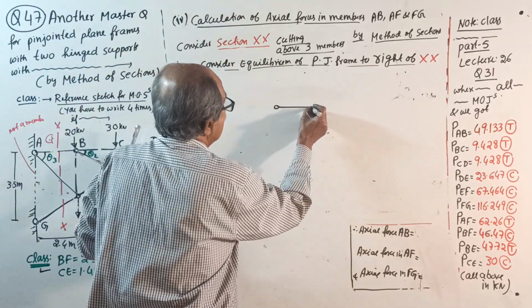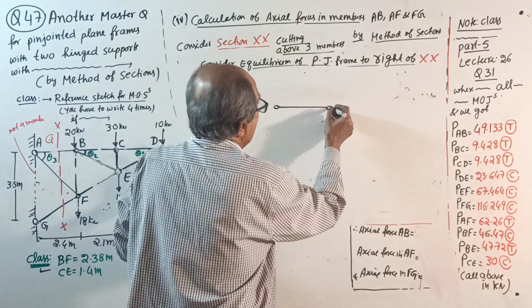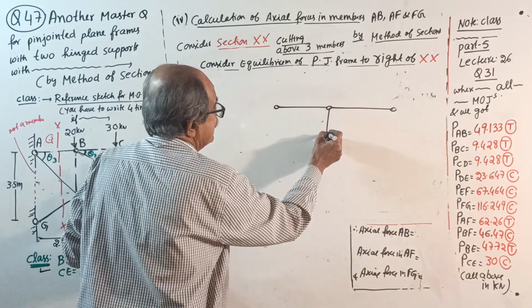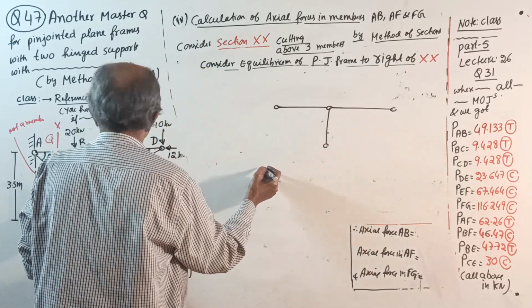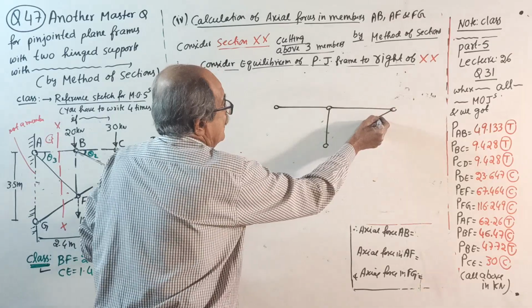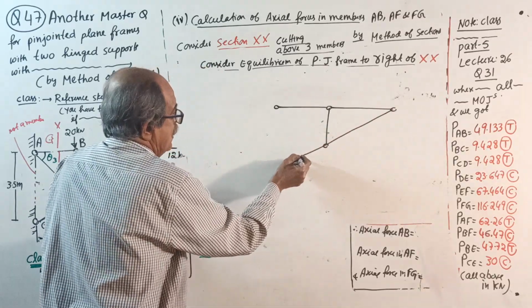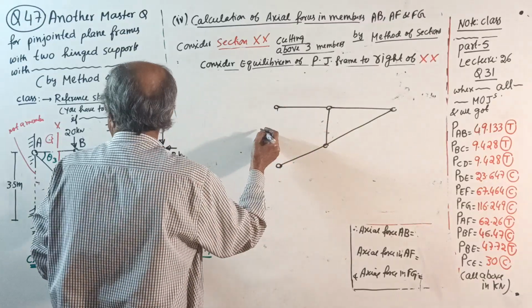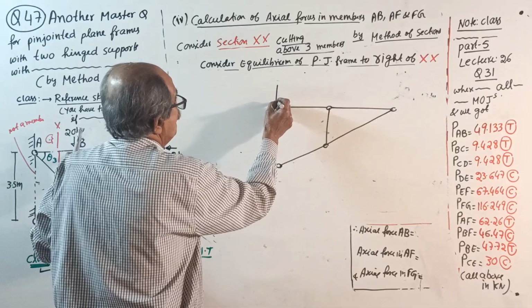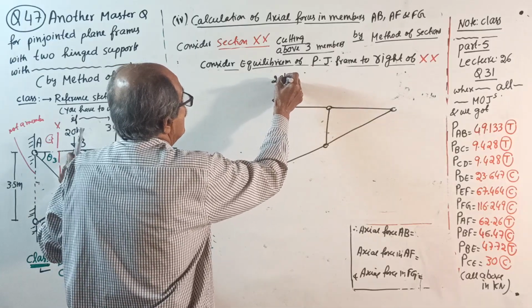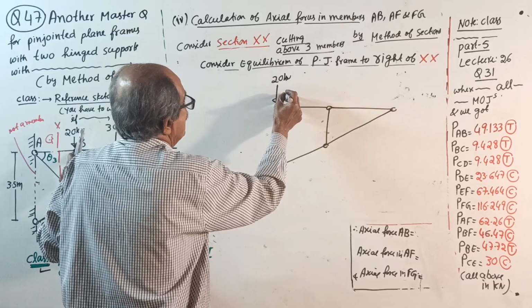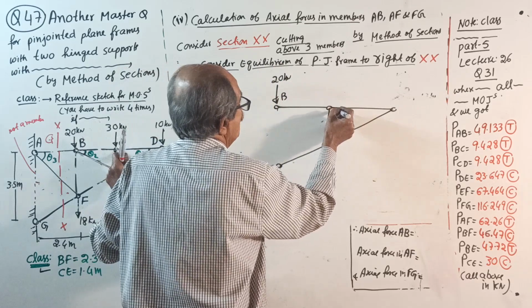C intact. D intact. Then E also intact. F also intact. Means continue this line up to here, exactly below. F also intact. See, at B, 20 kilonewton. At C, 30 kilonewton.